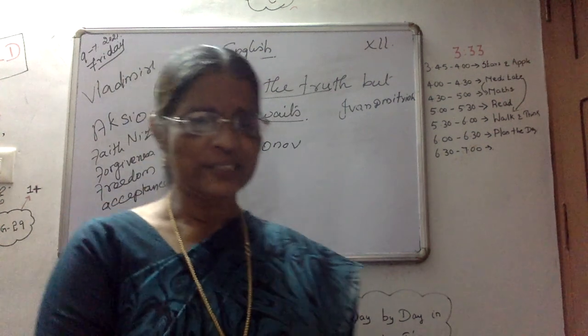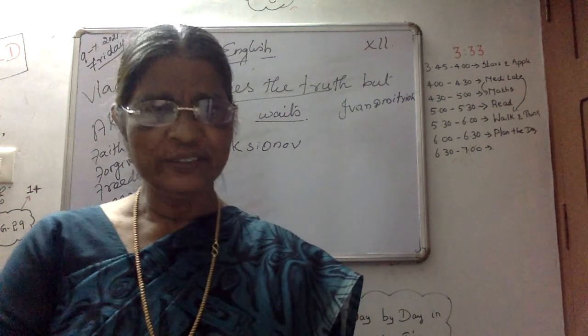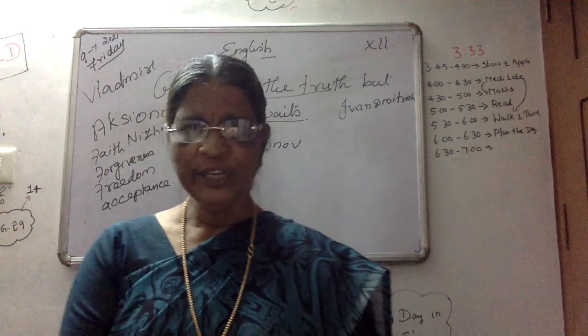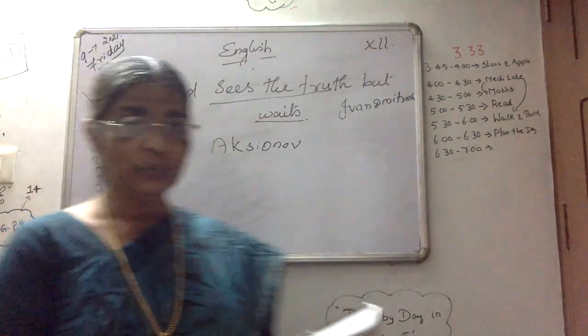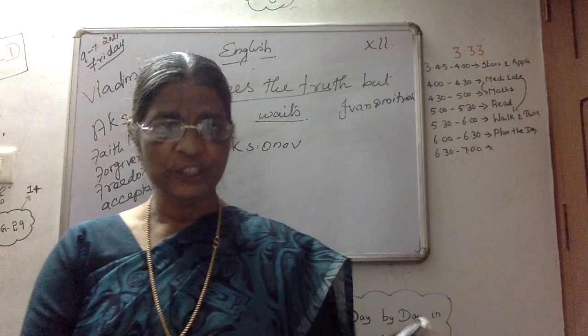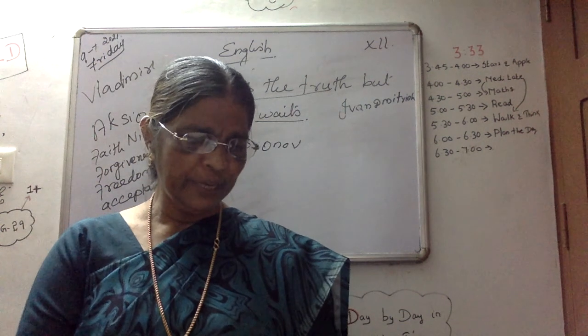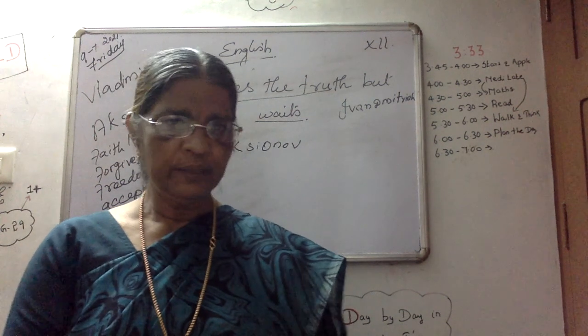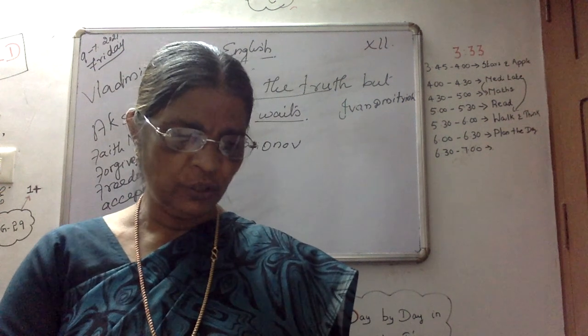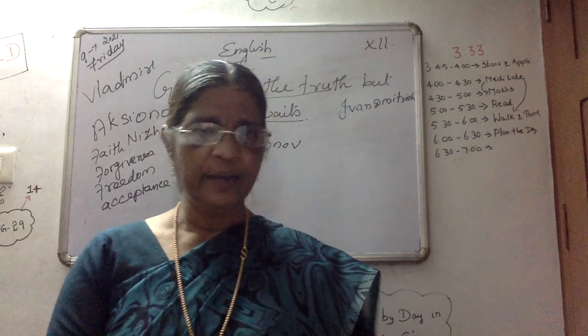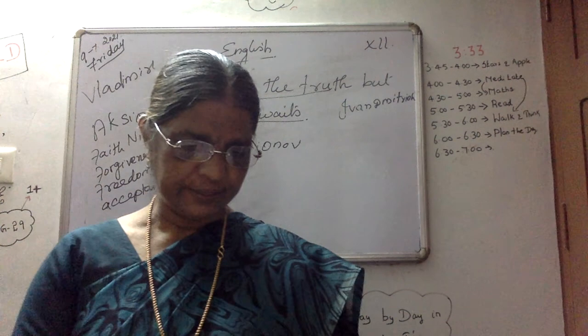Now this story is written by a Russian writer by name Leo Tolstoy. He was a very famous writer of the 18th century, and he became very popular in the 19th century, for his novels Anna Karenina and War and Peace.